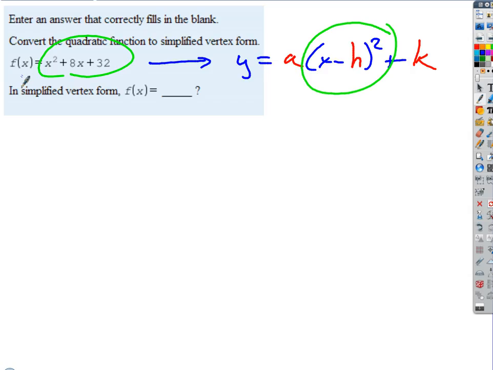Let's write this f of x as a y, first of all, just so the algebra looks a little easier. So we start with y equals x squared plus 8x plus 32. Now, completing this square, let's just review this process really quick, because I'm giving you only a pretty simple one in a way.